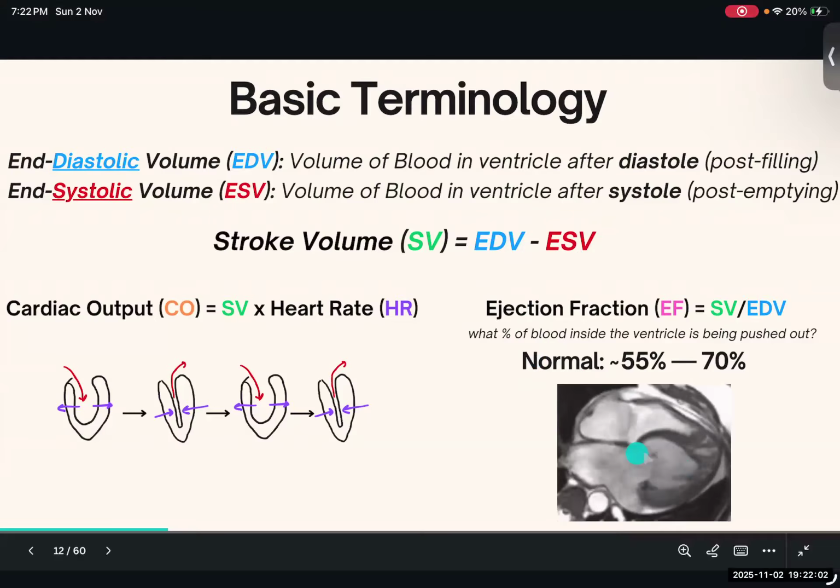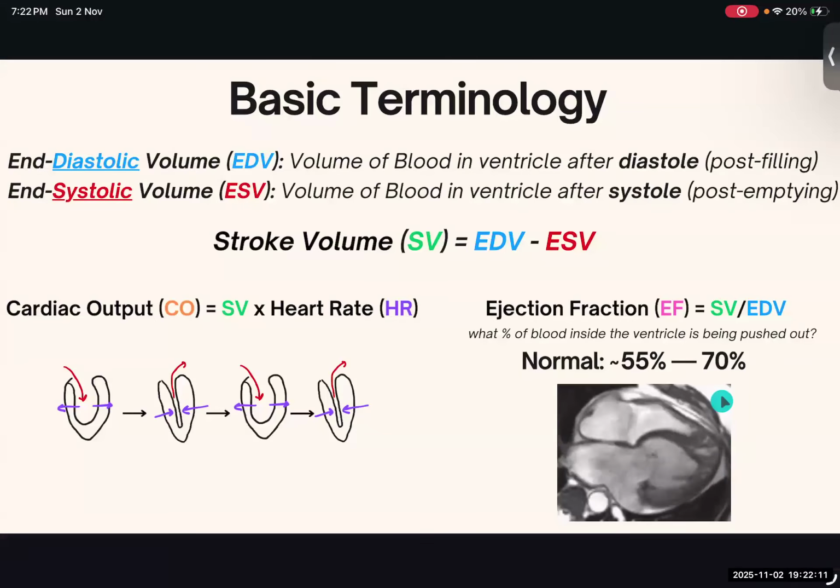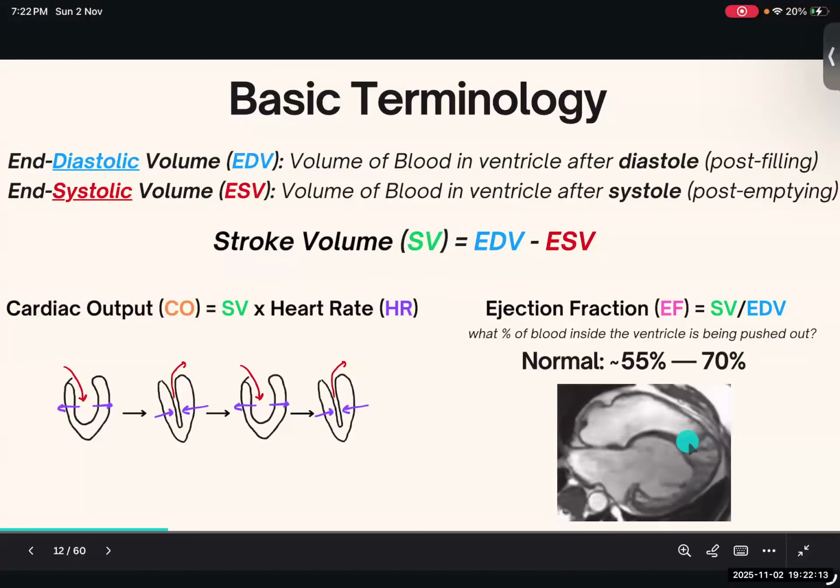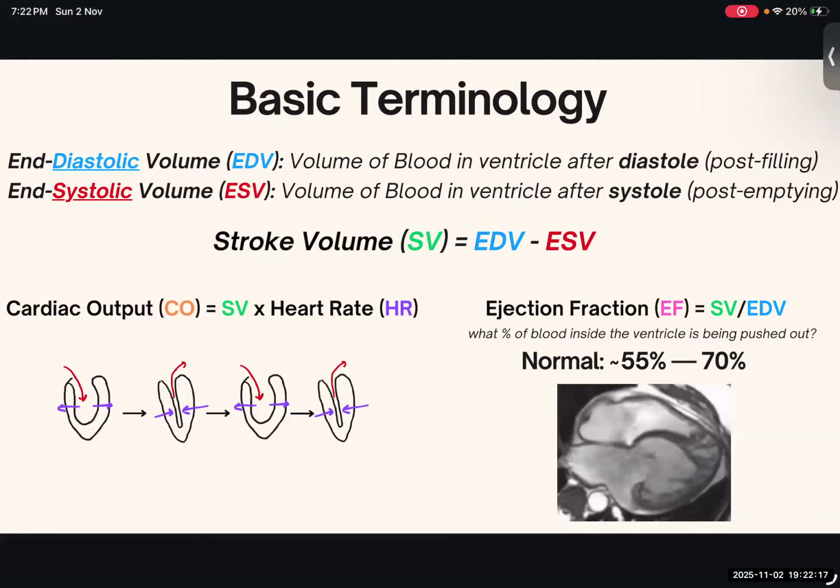And as you can see here in this other echocardiogram, the heart is filled with blood, but it doesn't push all of it out when it contracts. You can see the ventricles contracting here. So a portion of blood remains normally, and a healthy person will eject 55 to 70% of the blood inside the ventricles. Is that clear to everybody?